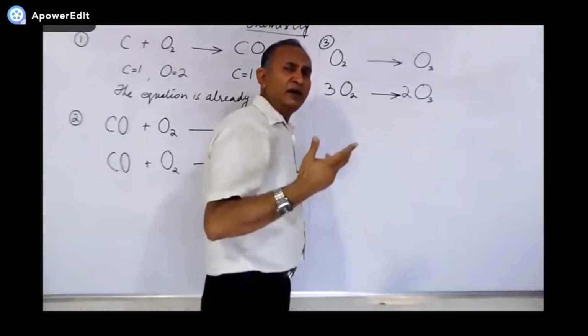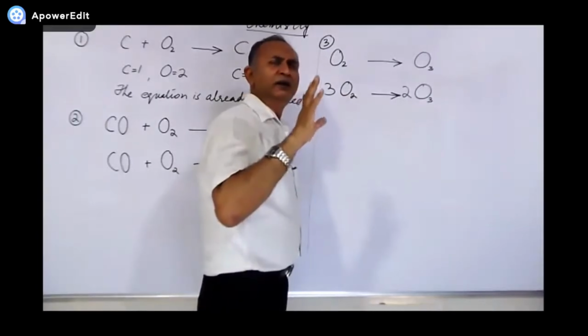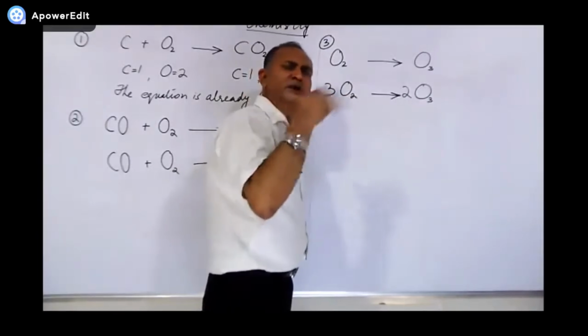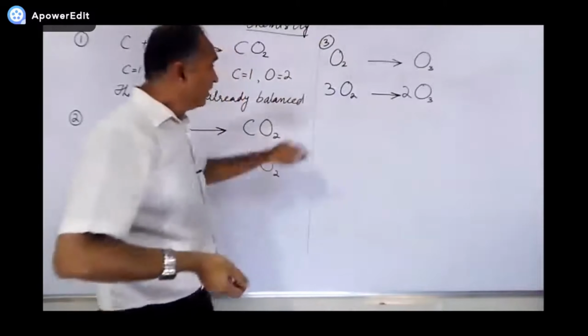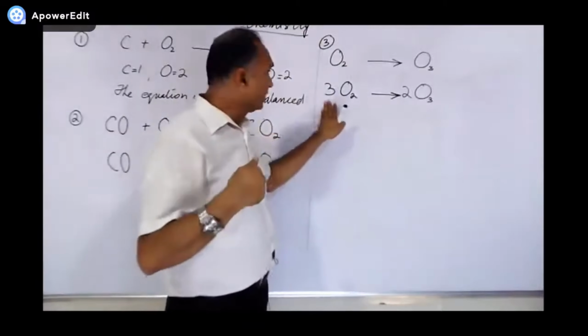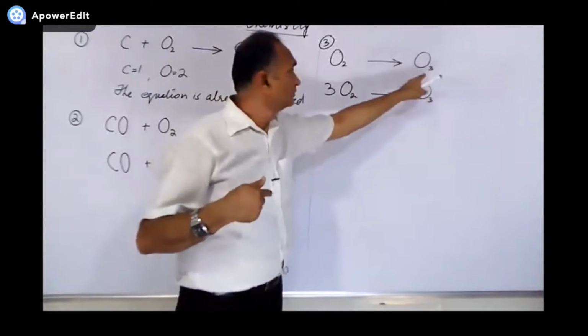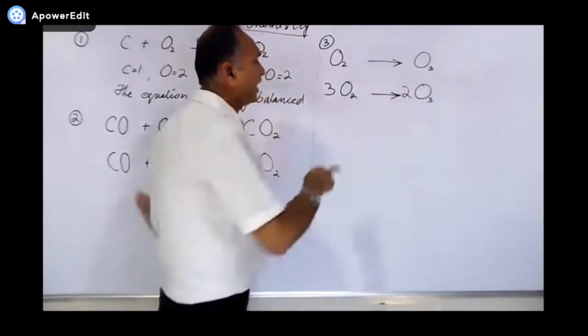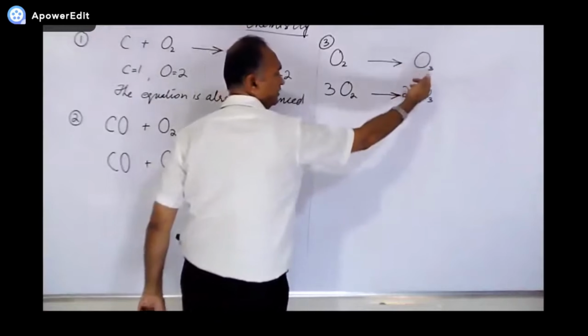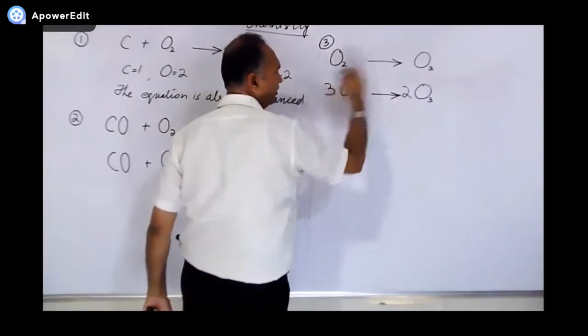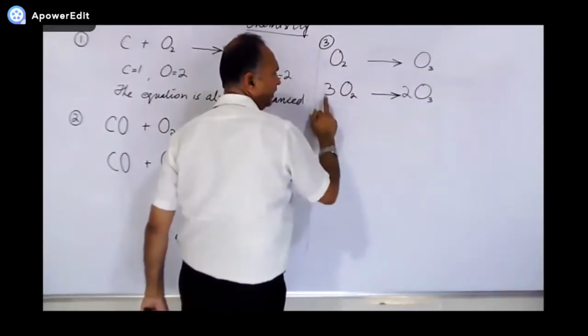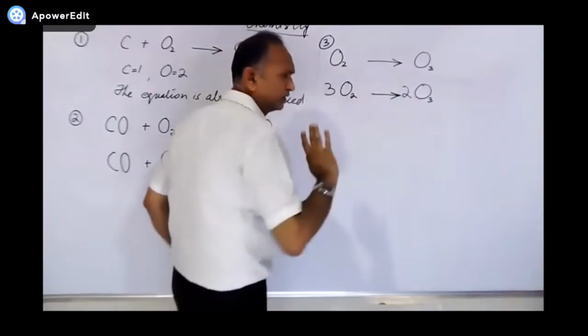In that way, without seeing, in the first step, multiply by 2 and then balance it. So I repeat, consecutive numbers, you have to multiply their coefficients. 3 would come over here, 2 would come over here. Now 3 2s are 6 oxygen, 2 3s are 6 oxygen.